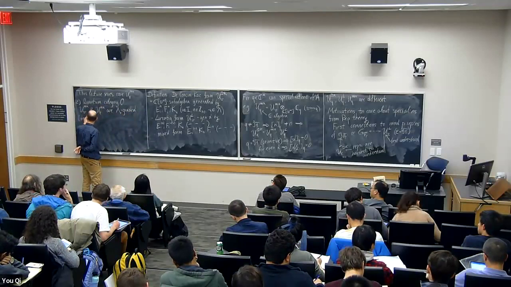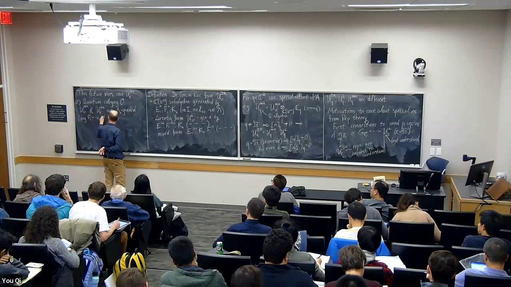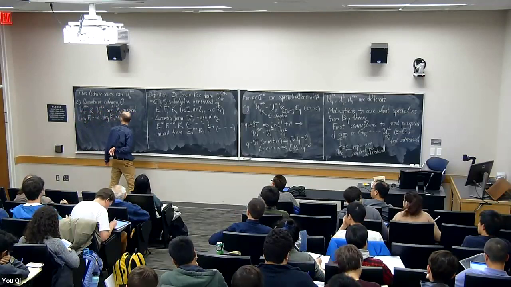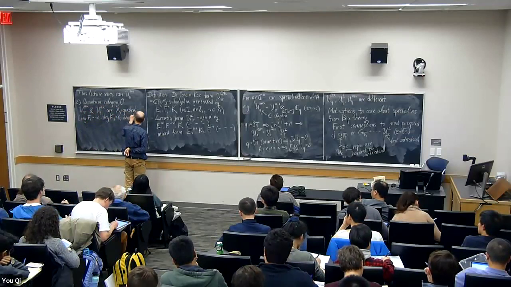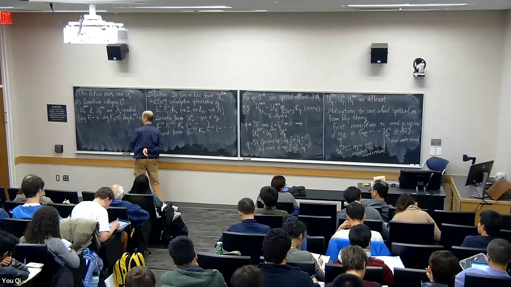The degree of F_i is minus alpha_i. The degree of K_nu is 0. The degree of E_i divided power n is n times alpha_i.